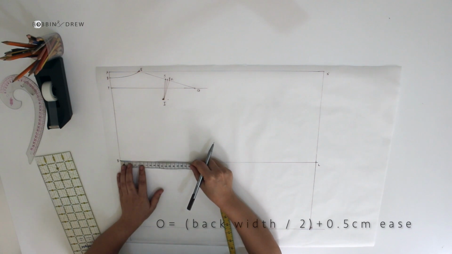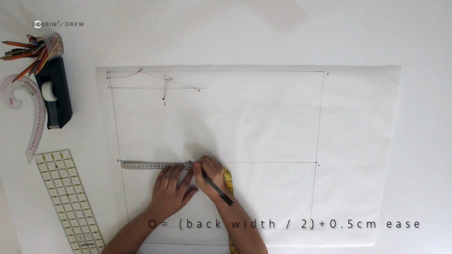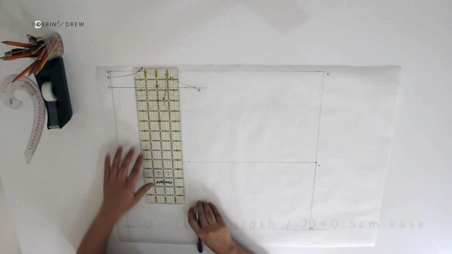For O, this is back width divided by 2 and we add 0.5 centimeter of ease to it.